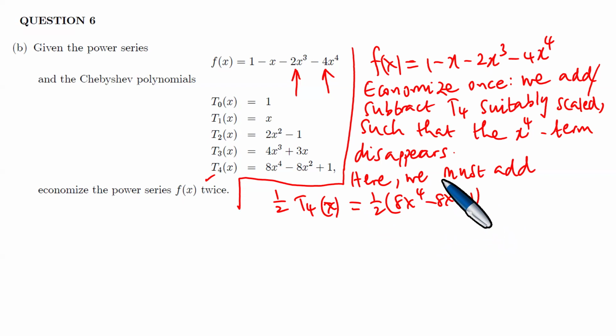Okay, we continue, please. So now here we must add half T4 of x, which is this, which is 4x to the fourth power, 4x squared plus 1/2. So multiply by that 1/2.